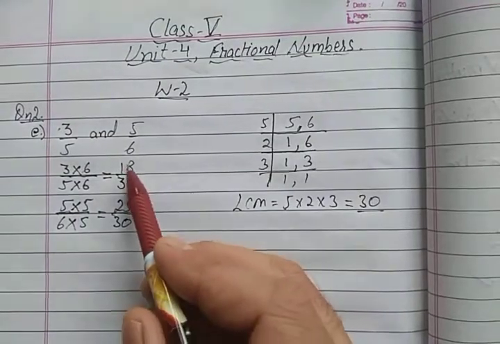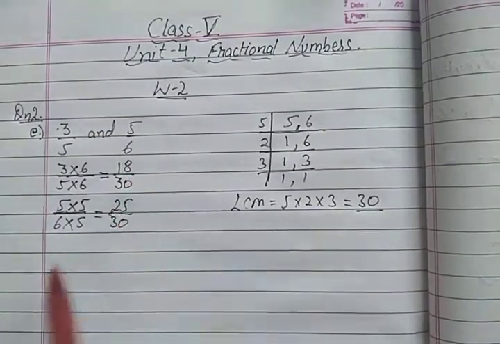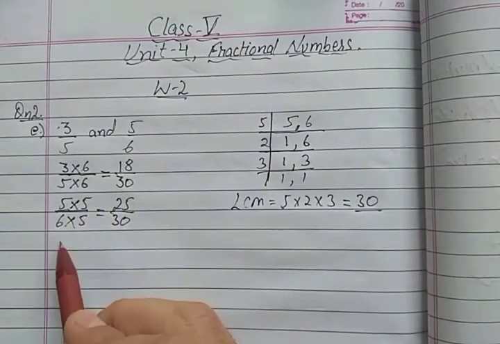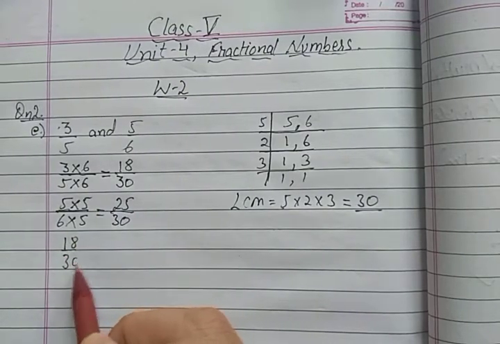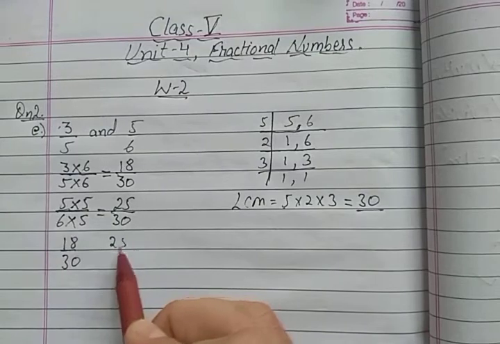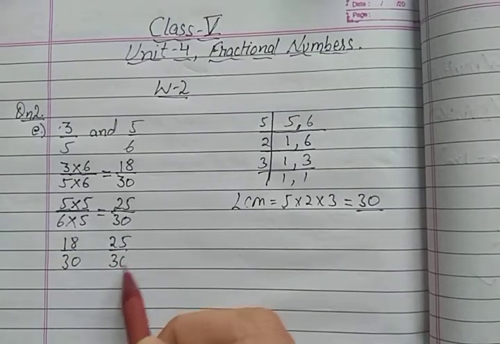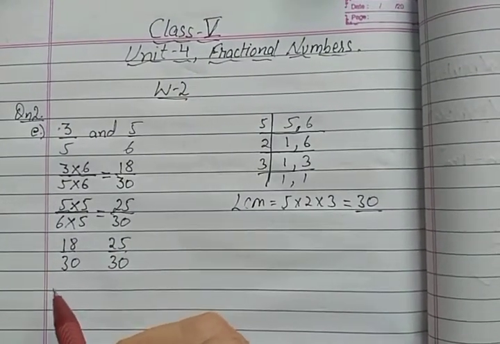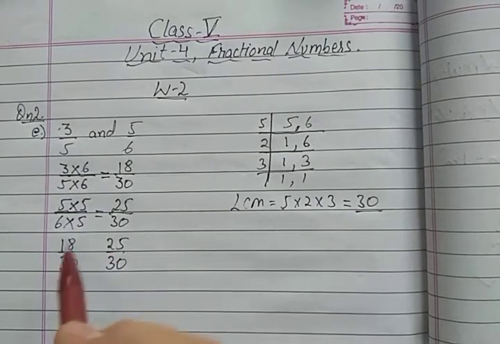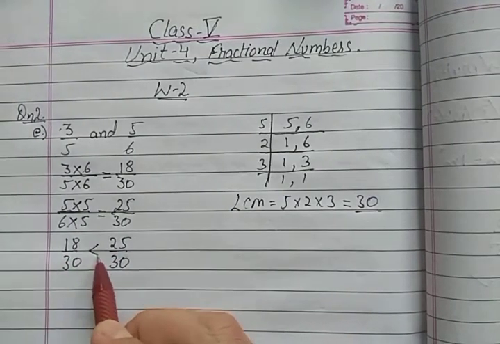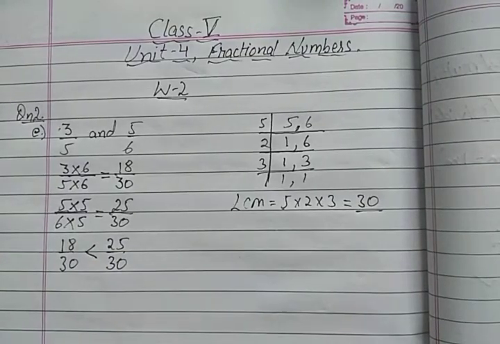So now we can easily compare the two fractions, because in like fractions we check whose numerator is greater and whose is smaller, and then we can easily compare them. So 18 and 25, which one is greater? 25. So 25 upon 30 is greater than 18 upon 30.